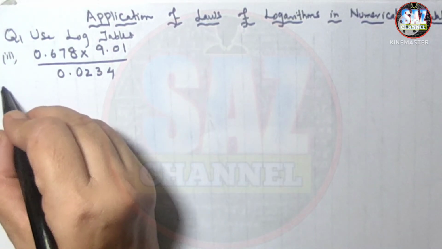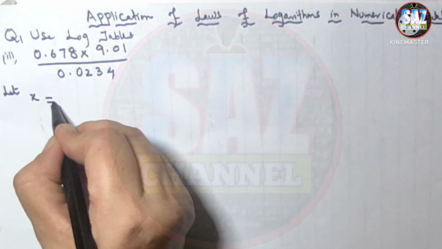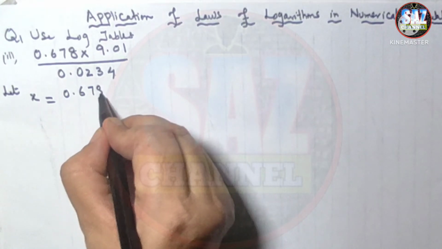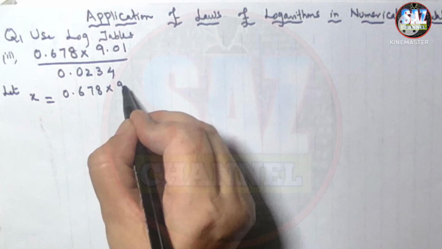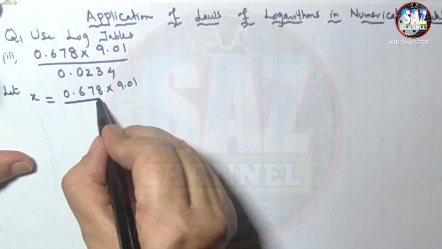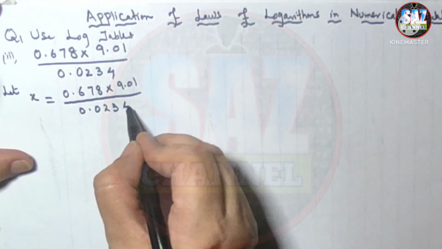So recall the previous two questions. First, we have to write, suppose that this number is x, 0.678 multiplied by 9.01 divided by 0.0234.